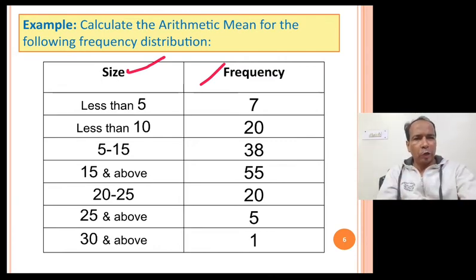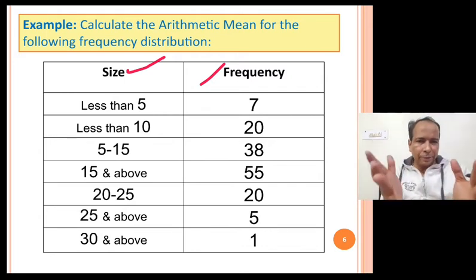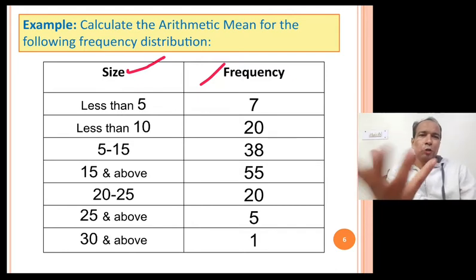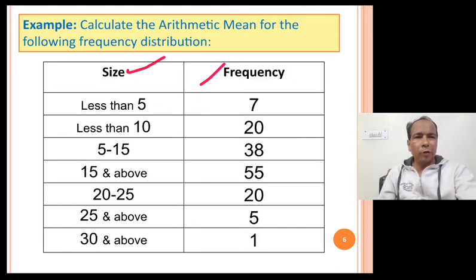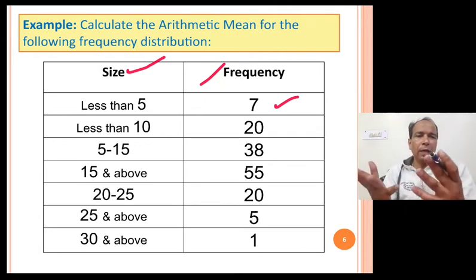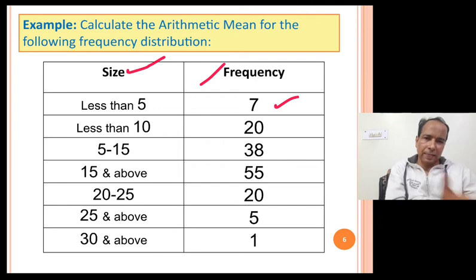Frequencies are given. Here also you need to make the classes. Less than 5, if we assume that the beginning is 0, so 0 to 5. Frequency is 7, so we can put the 0 to 5 class with frequency 7.